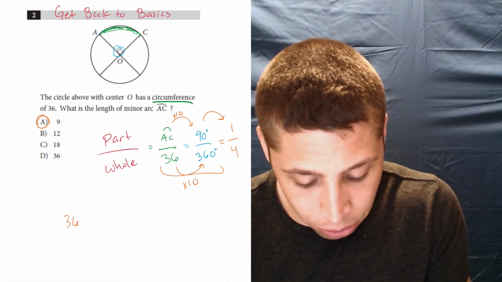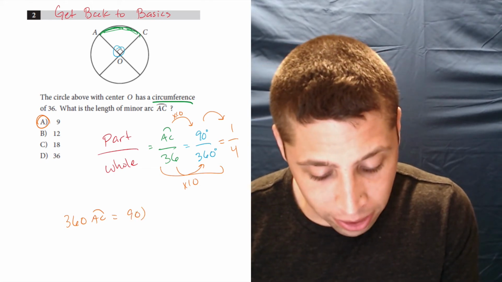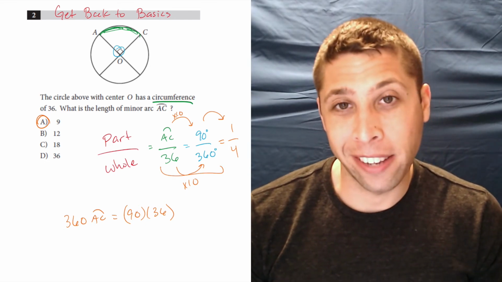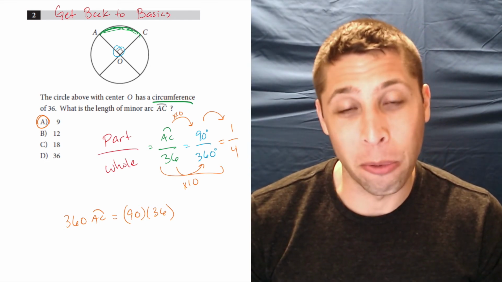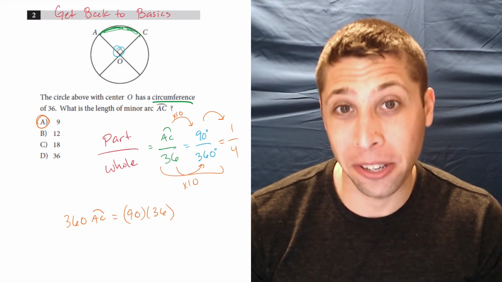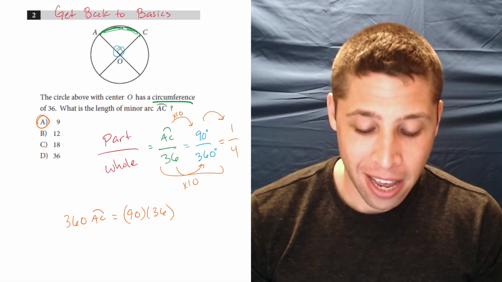So yeah, I could do 360 AC is equal to 90 times 36, but I'm recognizing that those numbers are big, and I want to avoid having to do more arithmetic than is necessary on the no calculator section, so I'm using the properties of fractions to reduce and make some things easier.